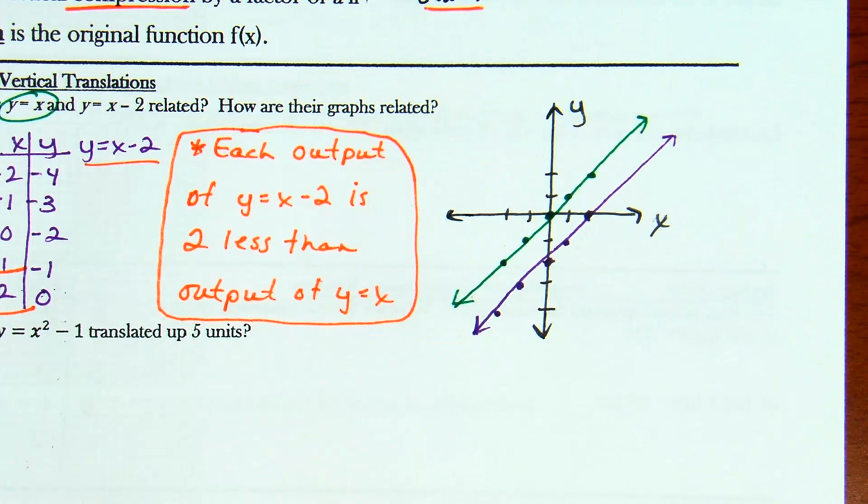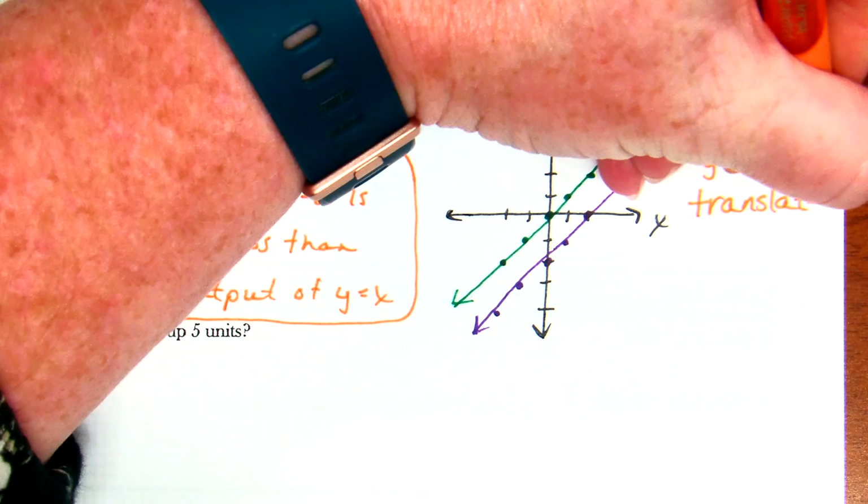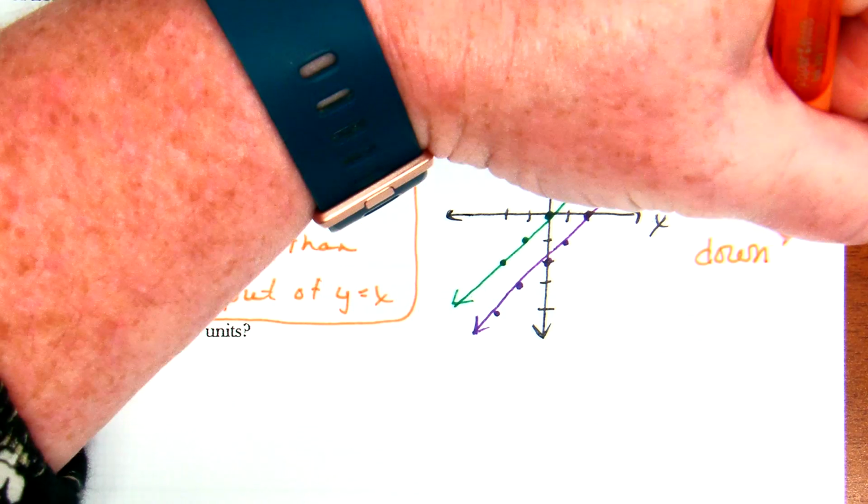Okay, now, I just used the word moved. Moved is okay. The official mathematic word, if we want to use our big fancy math words, is translated. Okay, so I'm going to say the graph is translated down 2 units.